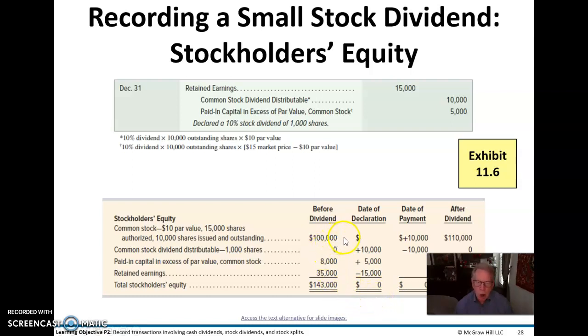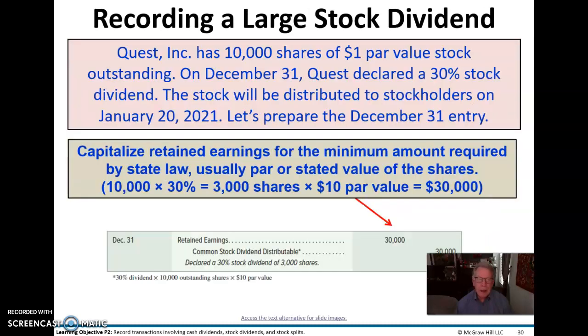But our common stock goes up by $10,000 on the date of payment, and then the paid-in capital also goes up by $5,000. But retained earnings falls by $15,000. And so the difference is nothing.